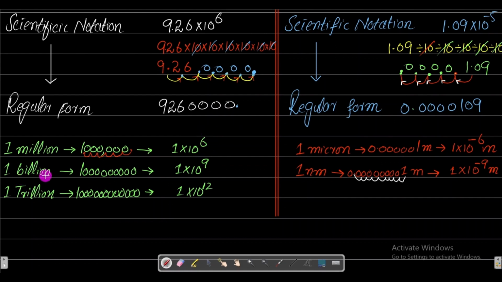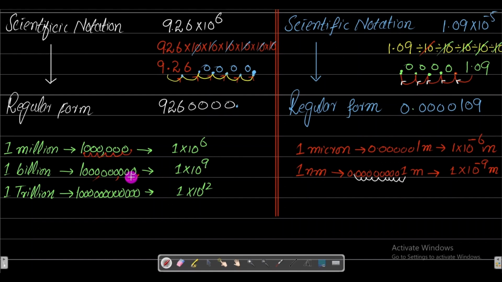And similarly, 1 billion is the thousand with two times of the three zeros. It will become 1 billion. And the scientific notation of this is that the point is present here. First, we will take this step, and here it will become 10 power plus 1.